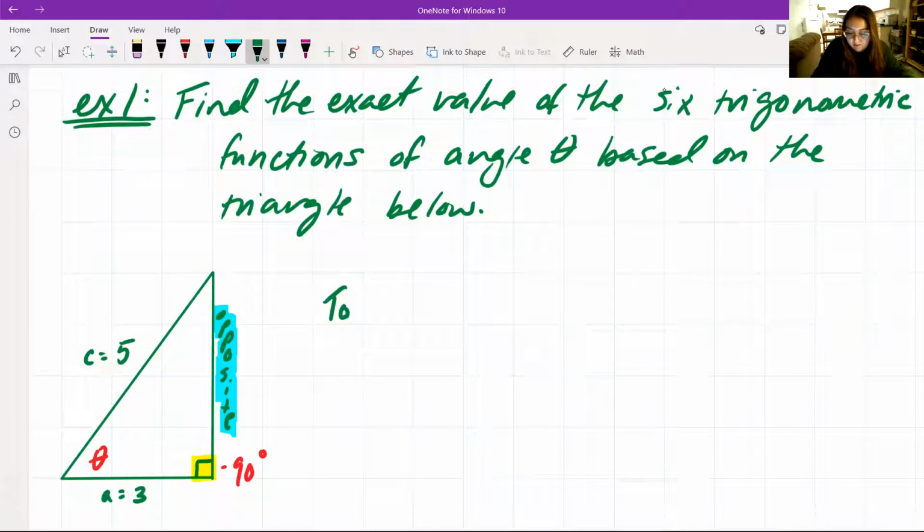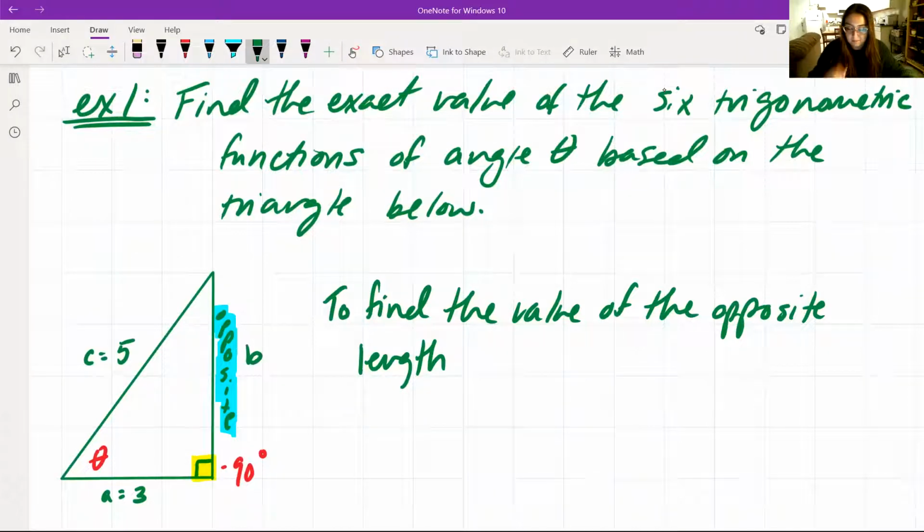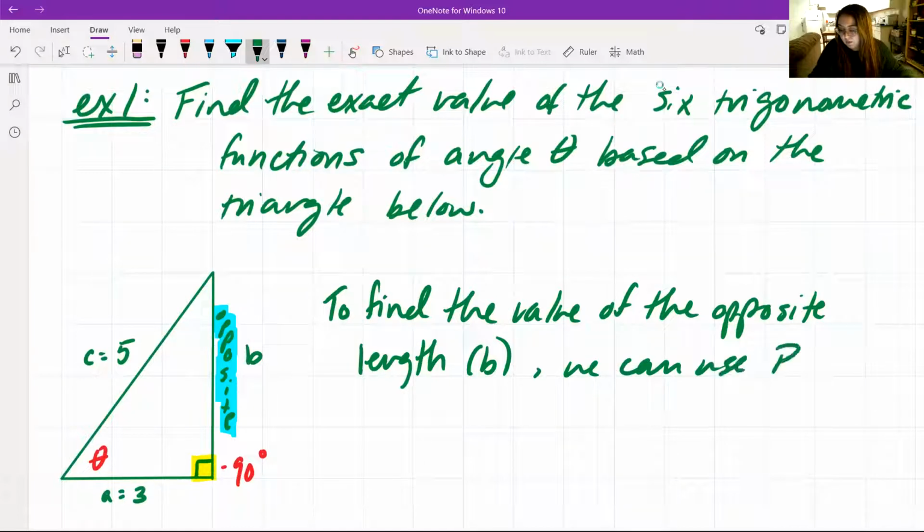So let's write that. To find the value of the opposite length, which we call B, we can use the Pythagorean theorem.